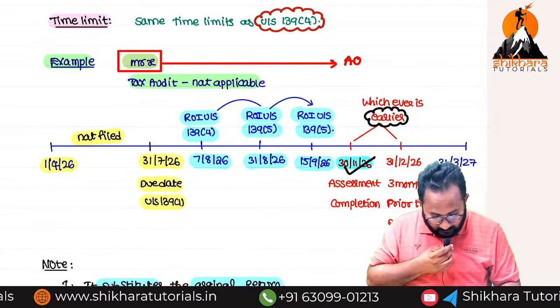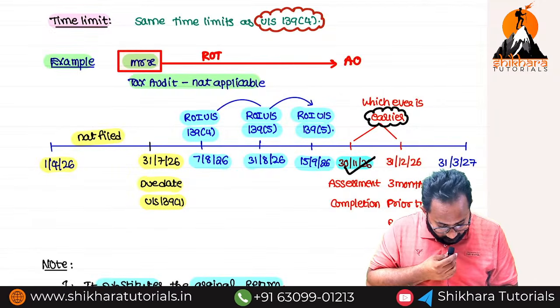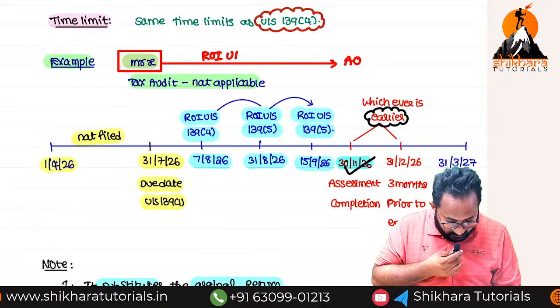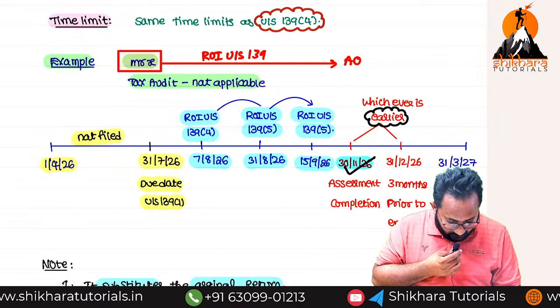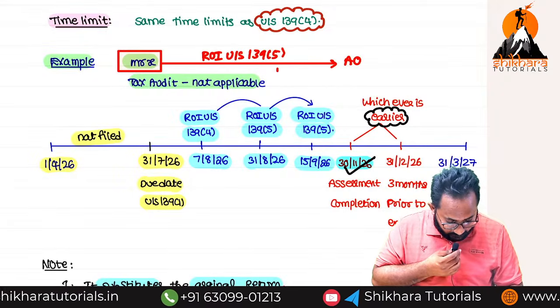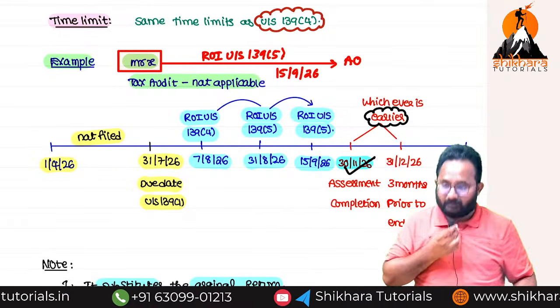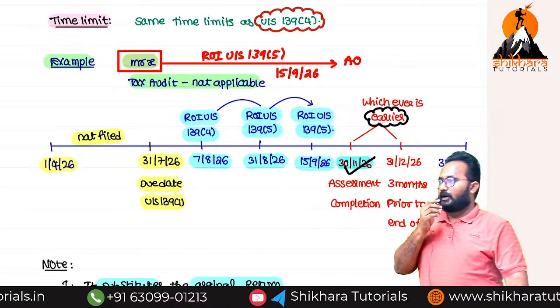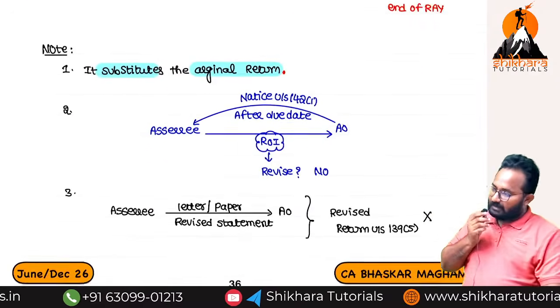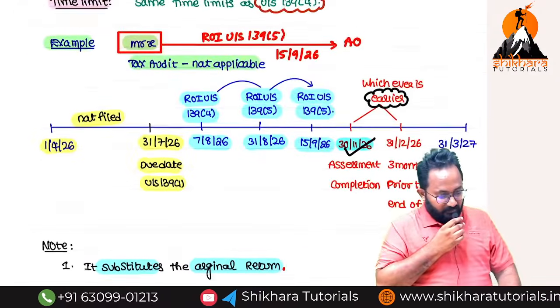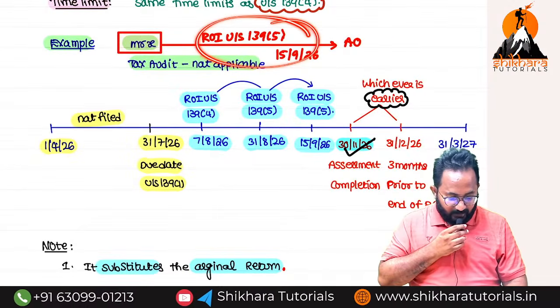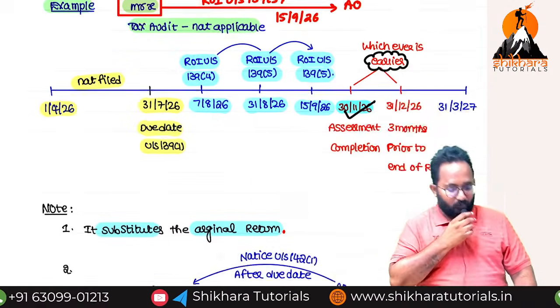So now the assessing officer will verify the return under section 139(5), which was filed by the SSC on 15/9/2026 only. The latest return, whatever you file, is what replaces the original return. This is what is required to be verified by the AO. One more.